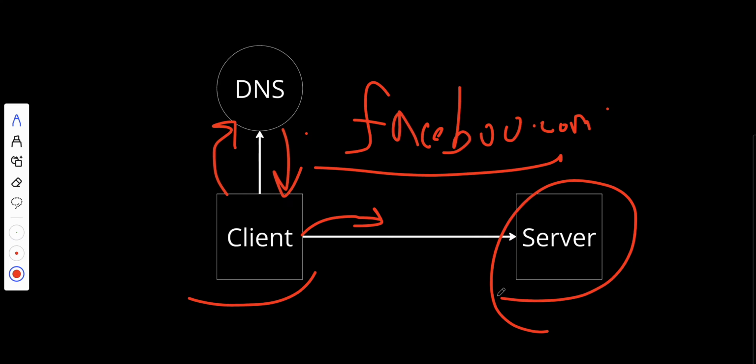Third, we have sending responses. Once the server processes the request, it sends the response back to the client, which could be data, an acknowledgement, or an error message. An example of a server, let's continue with a weather app, because the weather app is one of the most used examples in system design.